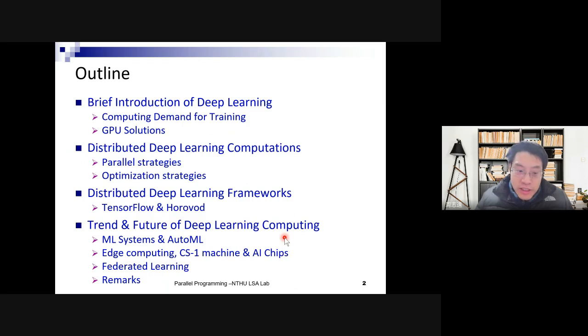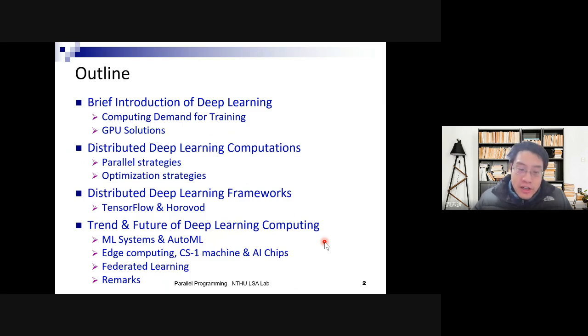Okay, so we will mention a couple of techniques like what is AutoML, what is AI chip design, what is federated learning, all those buzzwords that are related to ML systems. So at least we would like you to recognize or be aware of those problems.